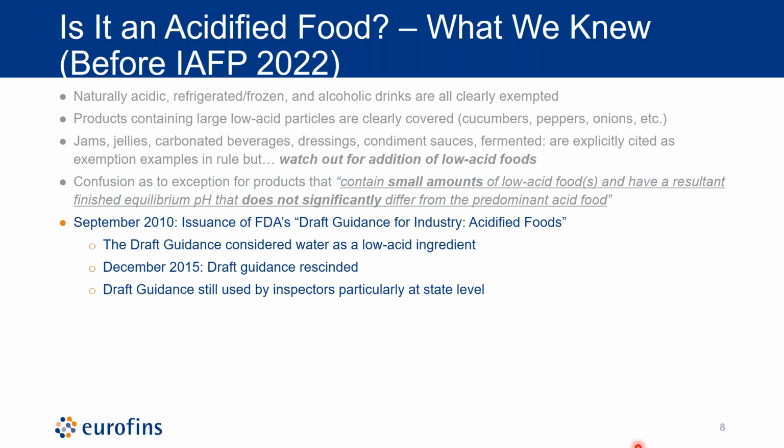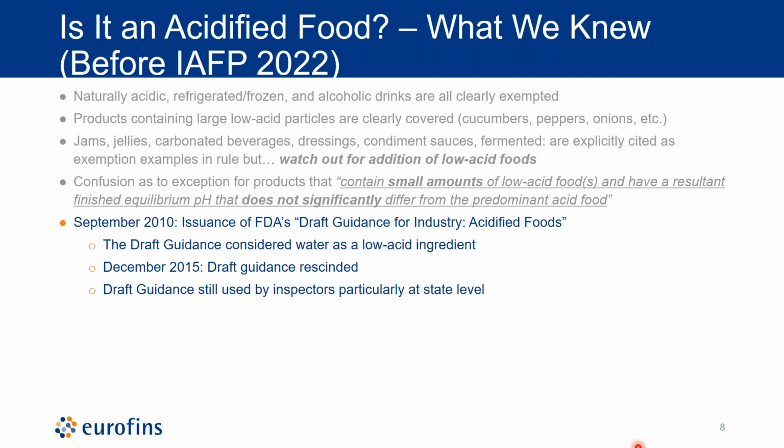In September of 2010, many of you will recall that there was a draft guidance document that the FDA put out, which created a lot of the confusion that happened in the following decade and change. That draft guidance document considered water as a low acid ingredient, hence moving a lot of products into the acidified category that were previously excluded.